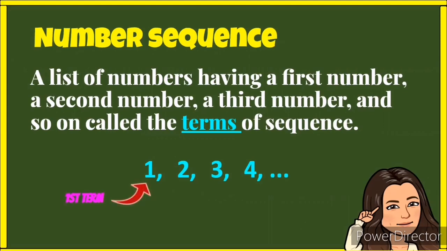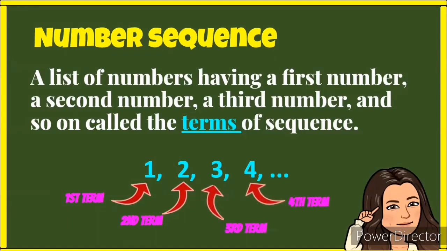We have the first term, the second term, the third term, the fourth term, and so on. This can go on forever, and that is represented by these three dots called ellipses.